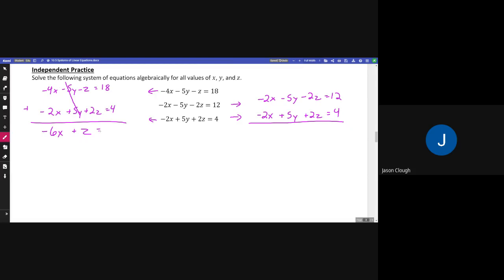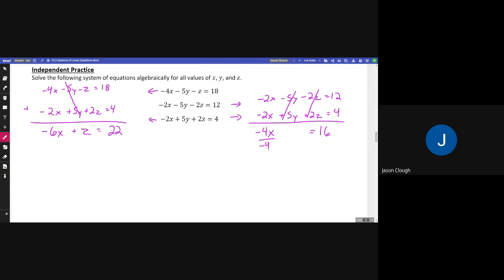And then 18 plus 4 is 22. Over here, negative 2 plus negative 2 is negative 4x. The y's drop out again. Once again, we have negative 2z plus 2z, so these actually drop out as well. And then we're left with 12 plus 4, which is 16.